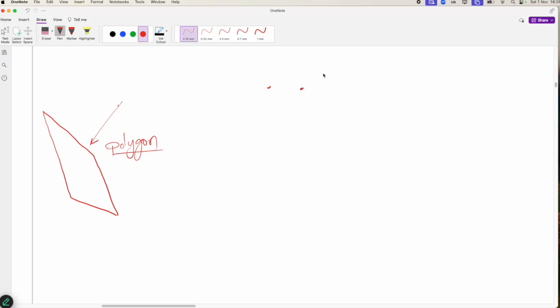And then 2 dots, this gives you a line, right? And then I have 2 lines that join to give me an angle. And then we started to study the properties of the different angles.